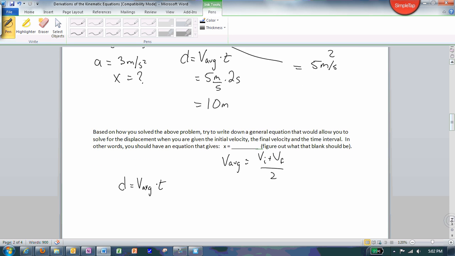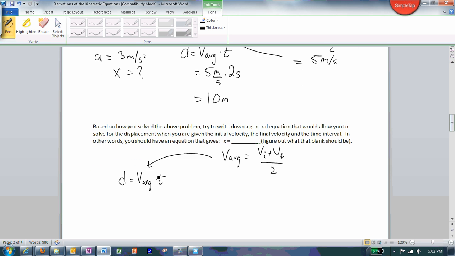So we can just combine these two, and we get that the displacement is equal to v initial plus v final all over 2 times the time, which you'll often see me write as 1/2 (v initial plus v final) times t.